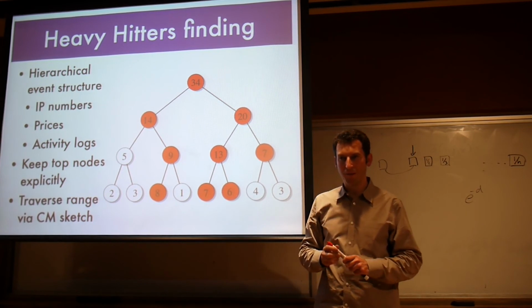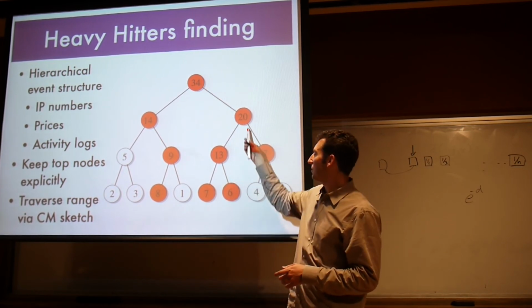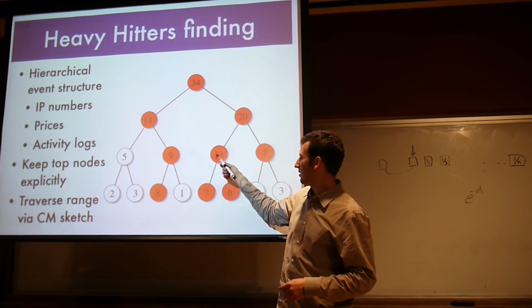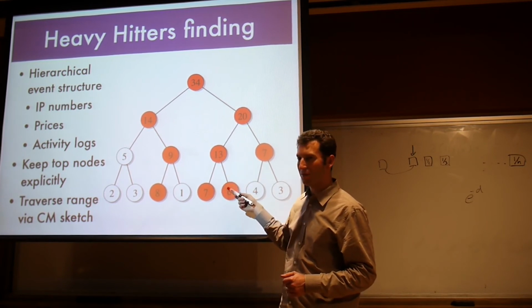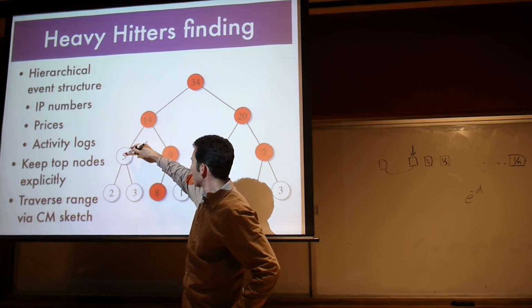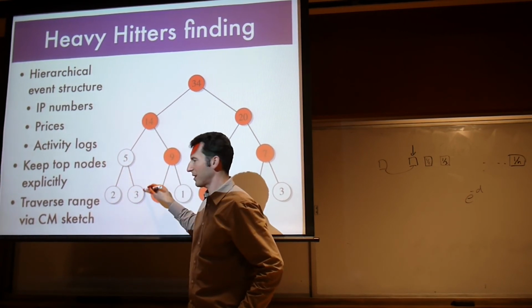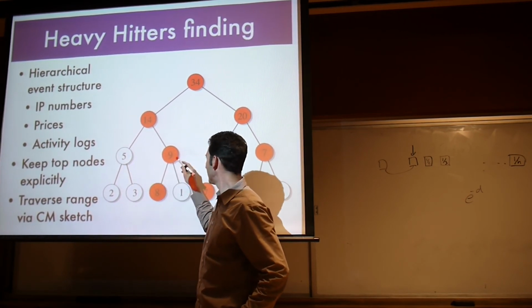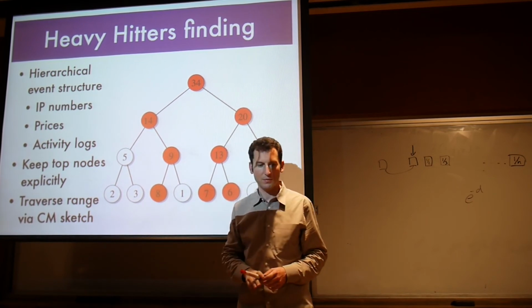Likewise, if I want to get heavy hitters and I have this tree, I only need to follow down the nodes in the tree that are heavy. Because if I know that this guy isn't heavy, then I know these guys can't be heavy either. So this is a very simple lookup.